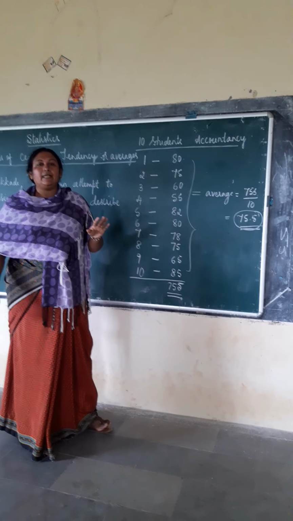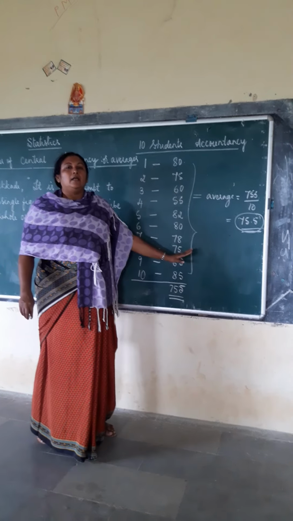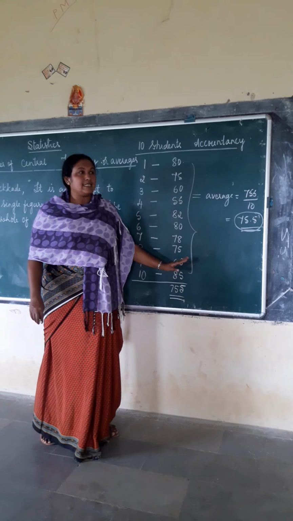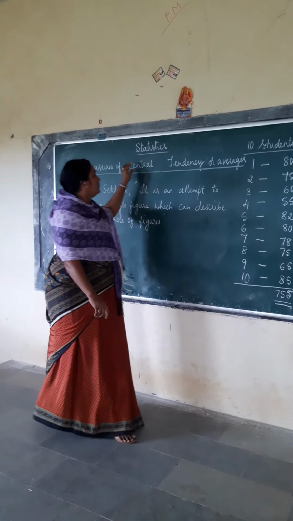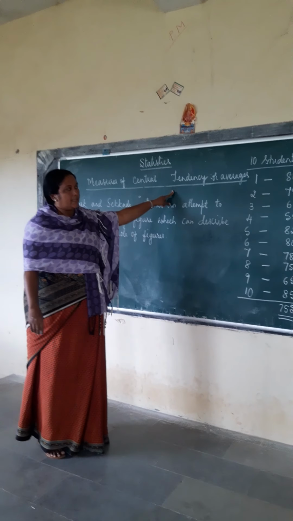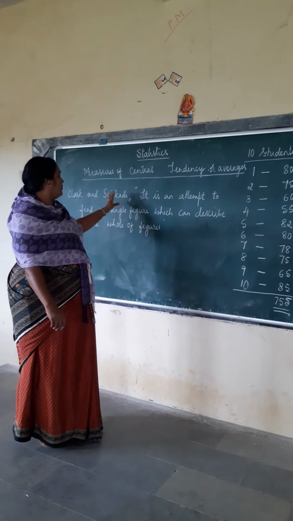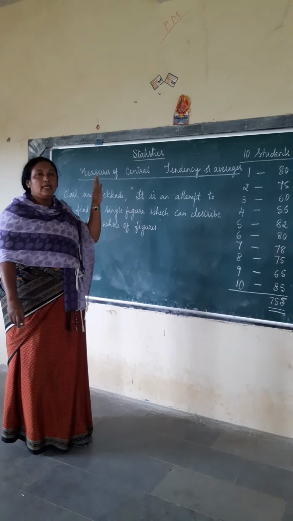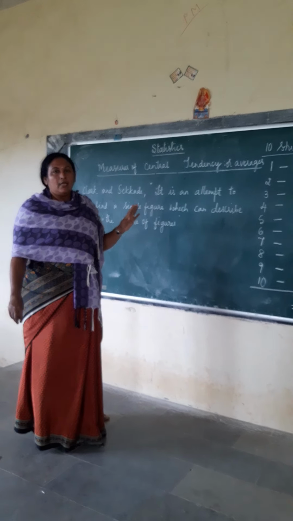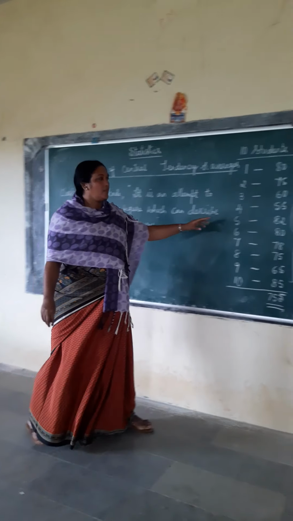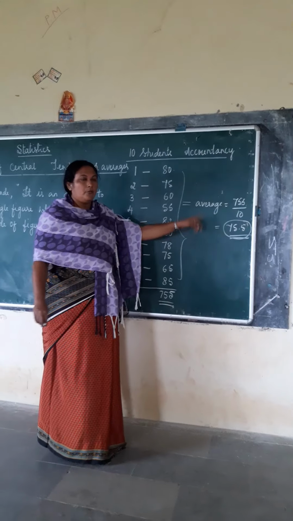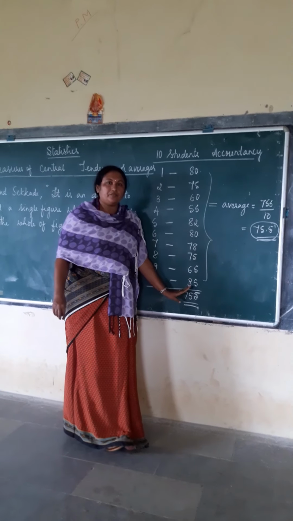You can understand the complex data being simplified. So that is the purpose of measures of central tendency, also called averages. That means you are finding one single figure which would describe the whole of figures.